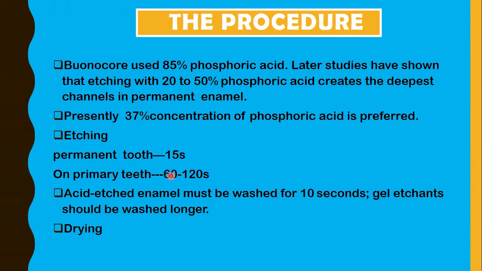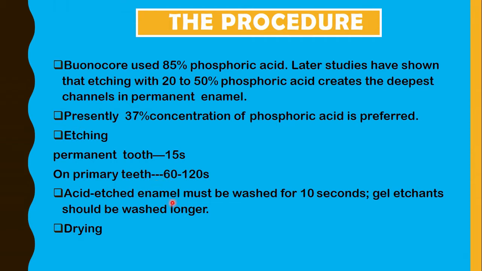The primary tooth comprises amorphous enamel and aprismatic enamel. They are highly mineralized, so the etching time is more in case of the primary teeth. So basically they take more time to form the enamel tags, the macro and micro enamel tags.